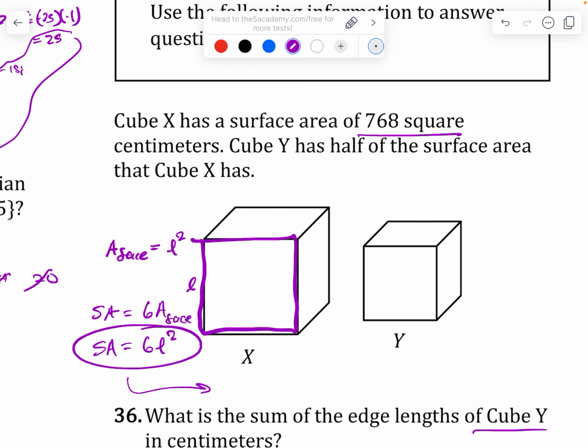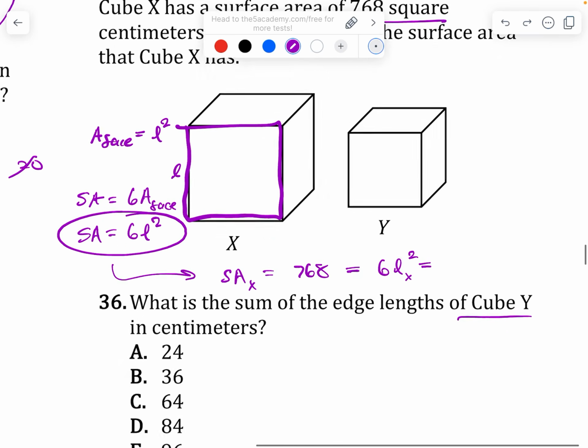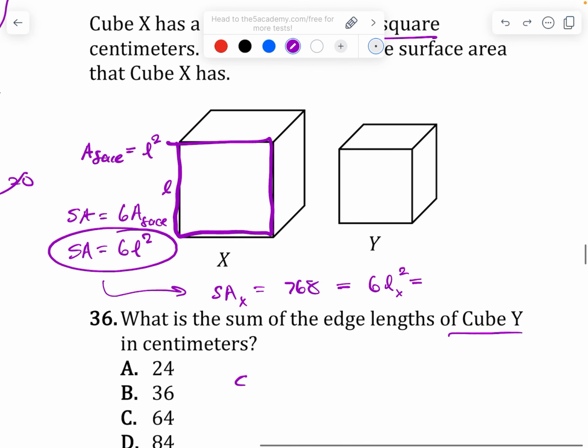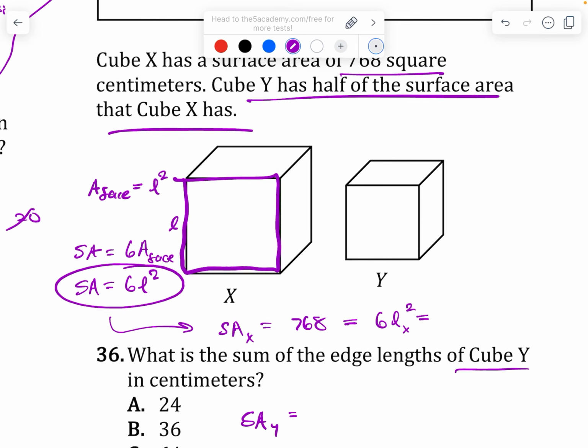Now, the surface area of cube X is equal to 768 centimeters squared. That's equal to 6 times the length of X squared. So if I was to solve this, I can solve for length. I don't know if I need that yet, but it's something we'll keep in our back pocket, okay? It says the surface area of Y is equal to half the surface area of X. That's going to be half times 768.